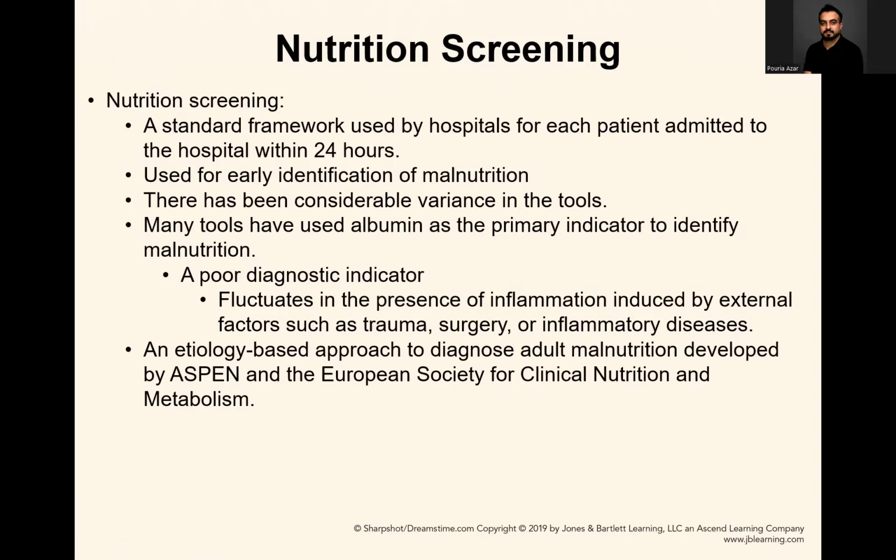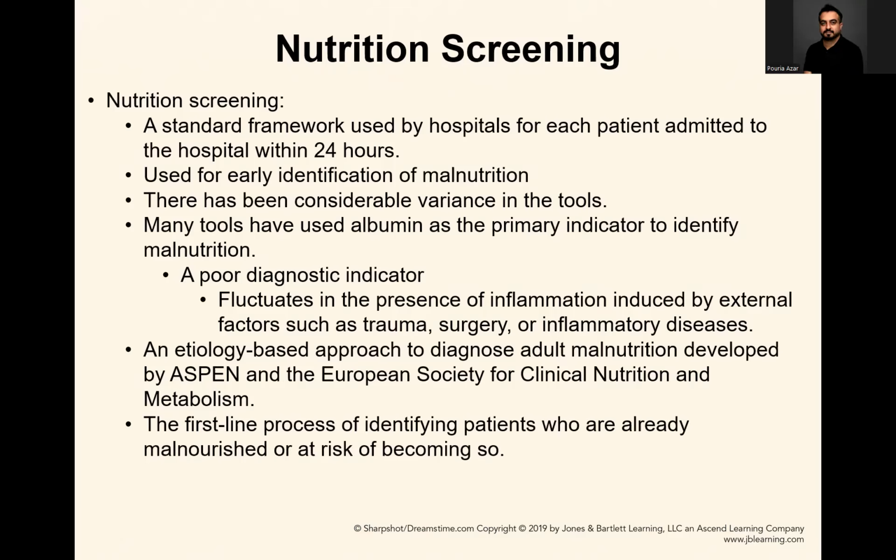But these days, ASPEN, the American Society for Parenteral and Enteral Nutrition, and the European Society for Clinical Nutrition and Metabolism developed an etiology-based approach to diagnose adult malnutrition. Nutrition screening is the first-line process of identifying patients who are already malnourished or at risk of becoming so.